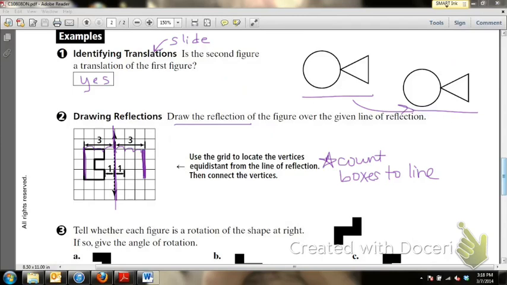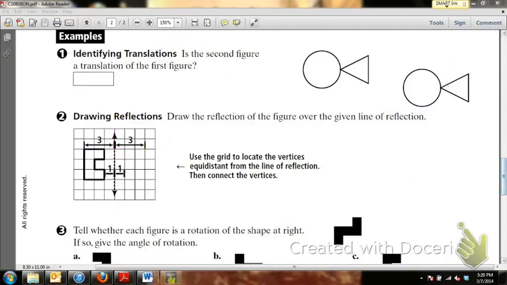Let's go red. Okay. So I draw it. Now this is 2 wide and it's 1 space away, so 2 wide. I have the same on the top. Then I come down for a space, over, and out, and down. So you can see I just drew the same shape, but I made it backwards on the other side of the line. That's drawing a reflection.